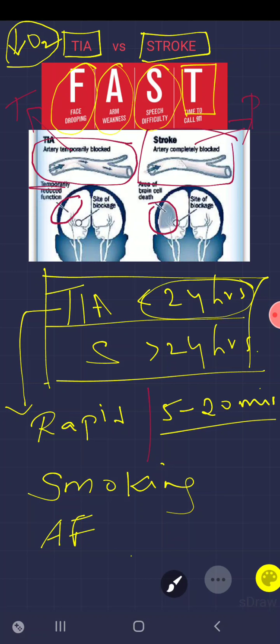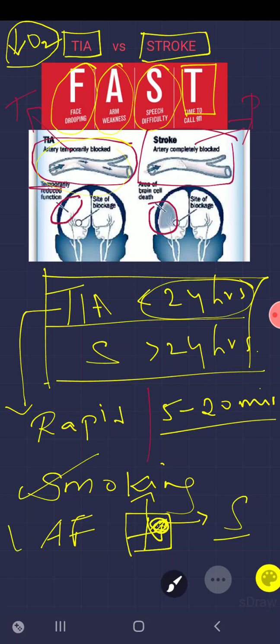When there's atrial fibrillation, if I put the heart in a box shape, for example in the atria there is fibrillation, which means the blood will clot here for a long time and this blood will be pushed to the brain and cause a temporarily blocked artery. This could cause not only TIA, it could also cause stroke. Smoking, atrial fibrillation, these are very important.